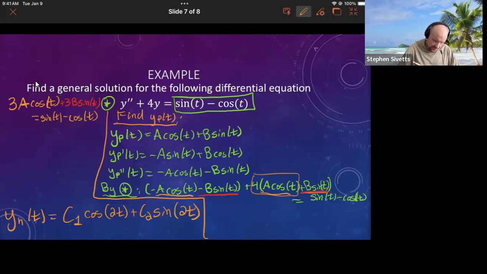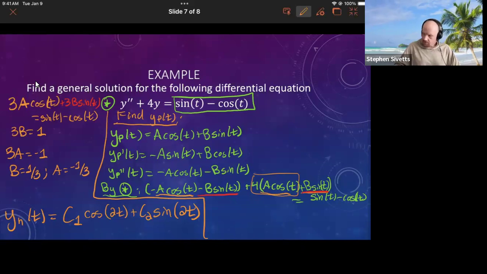Since these quantities are equal, their coefficients have to be equal. In terms of the sine terms, we have 3b equals 1. And by the cosine terms, we have 3a equals -1. So that means b is 1/3 and a is equal to -1/3.